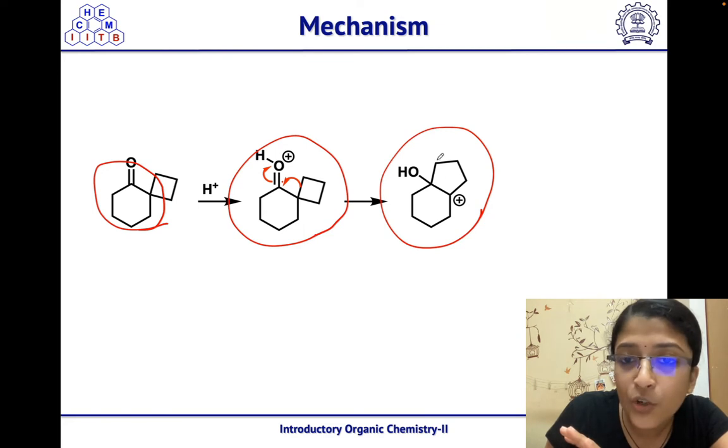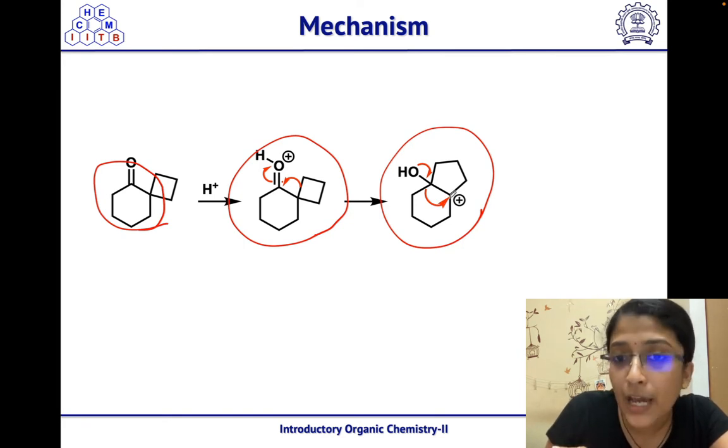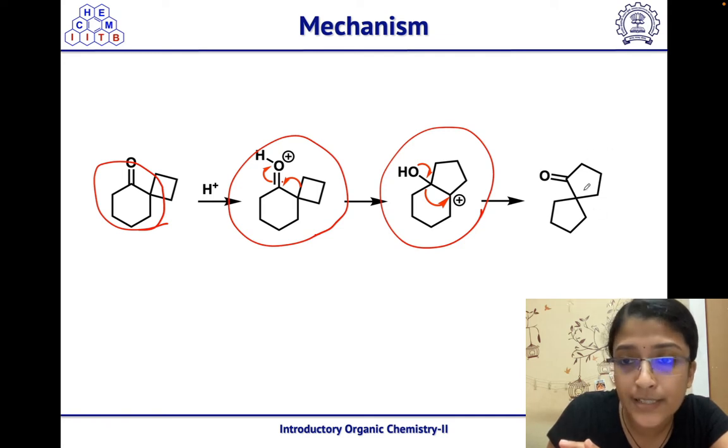So this path is not favored. So when the lone pair of oxygen falls down, this carbon-carbon bond will migrate to neutralize this carbocation, and we will get a 5-5 fused ring like this. We get a ketone here, and this group migrates towards this position to neutralize this positive charge.